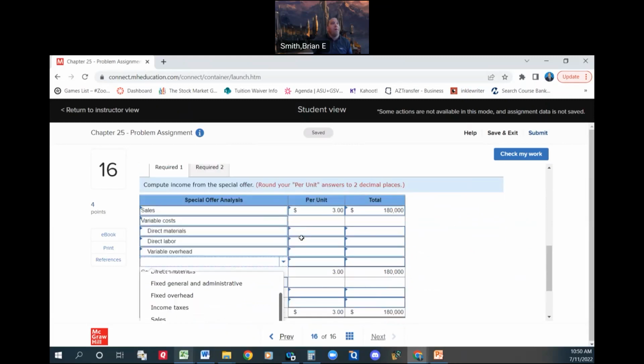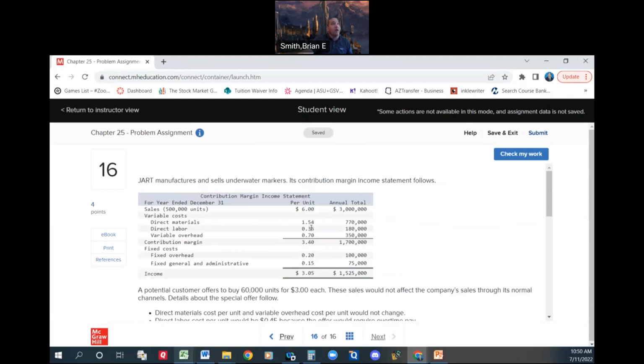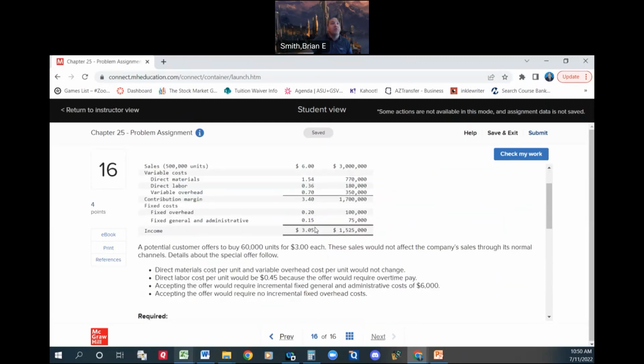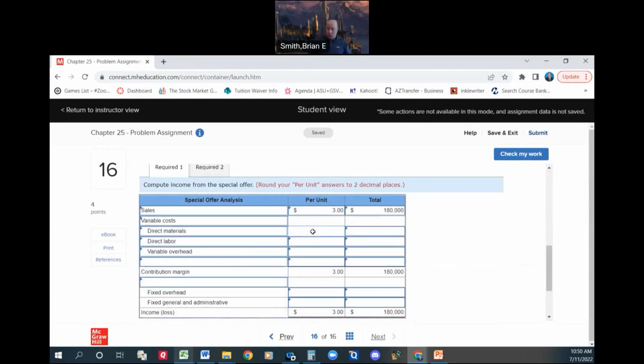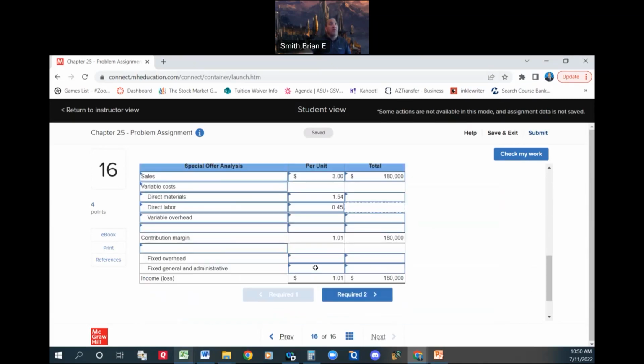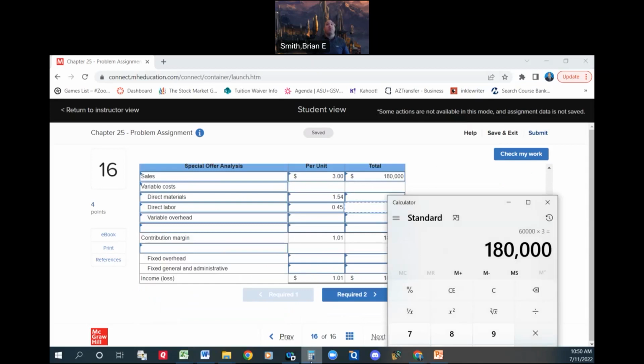Yeah. All right. So we're going to have $100.54 for the materials, but 45 for the overtime. So 154 and 45. Okay, and remember we're selling 60,000 units. So let's take those and multiply them by 60,000. 1.54. So we got 92.4.